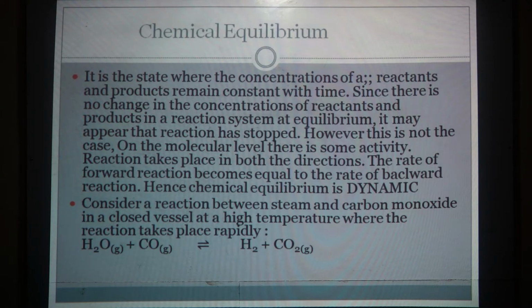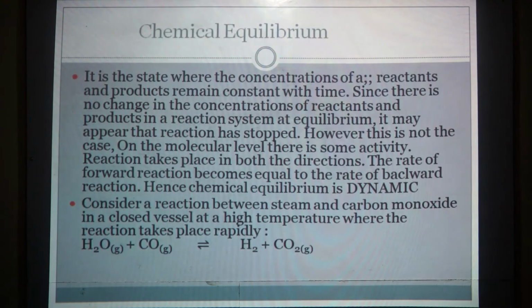H2O gas plus CO gas gives H2 plus CO2. This graph indicates the equilibrium. First, the concentrations of CO and H2O go on decreasing, while the concentrations of CO2 and H2 go on increasing. It is chemical equilibrium.